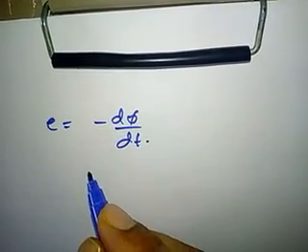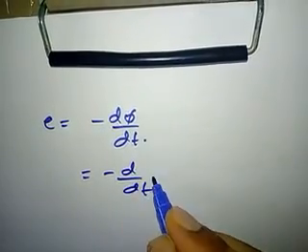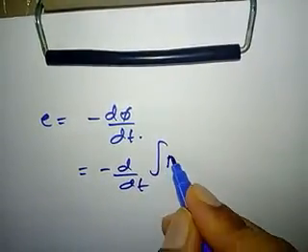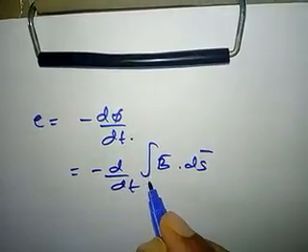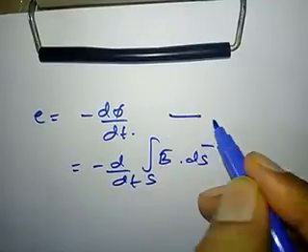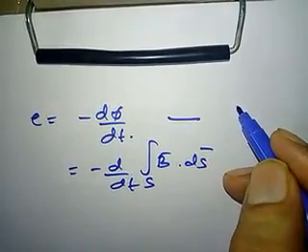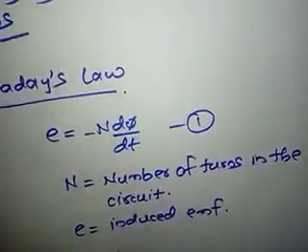From this we can write it as minus d by dt of phi, which we just wrote as the surface integral of B bar dot dS bar. Take it as an equation. The previous equation we numbered as 4 and this one as 5.